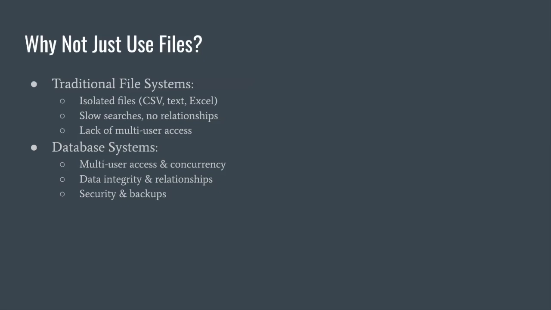Why not just use files? Why do we bother with databases instead of simply using files or spreadsheets that we're already familiar with? So traditional file systems can quickly become disorganized and inefficient as data grows. For example, say you store customer records in a spreadsheet and product information in another file.